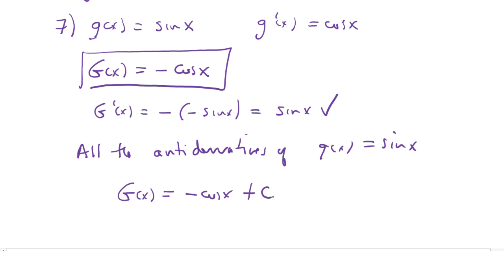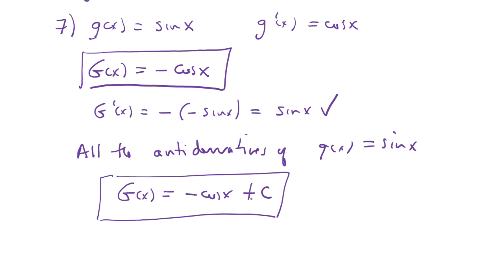So we want to represent the family of all antiderivatives. We'll add the constant in there to represent the whole family of antiderivatives of the sine function, namely the minus cosine x plus c is the family of antiderivatives of sine x. So that's a short introduction, but that will get you started with working with antiderivatives.